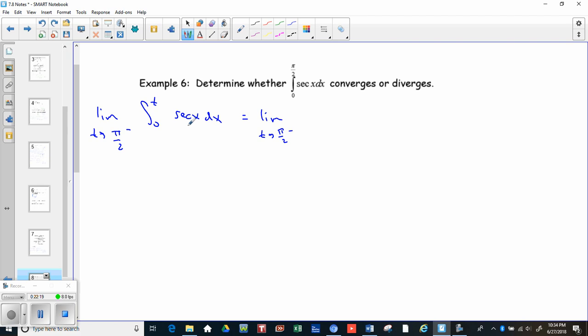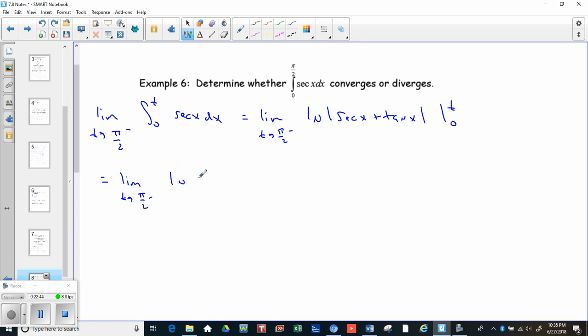The antiderivative of secant of x is the natural log absolute value secant x plus tangent x. And we're going to evaluate that from 0 to t. So if we plug in t and 0, don't forget our limit.